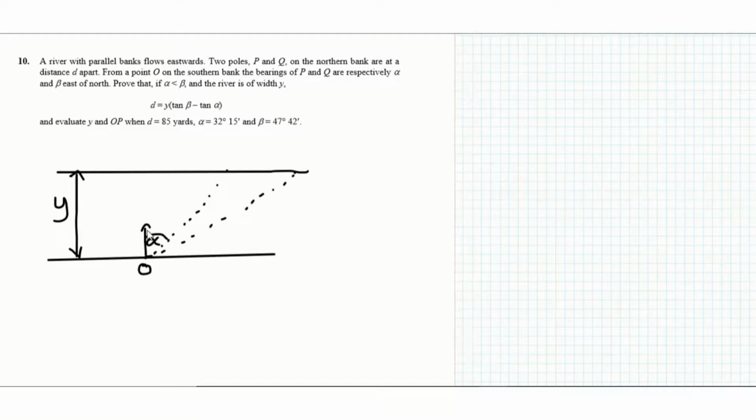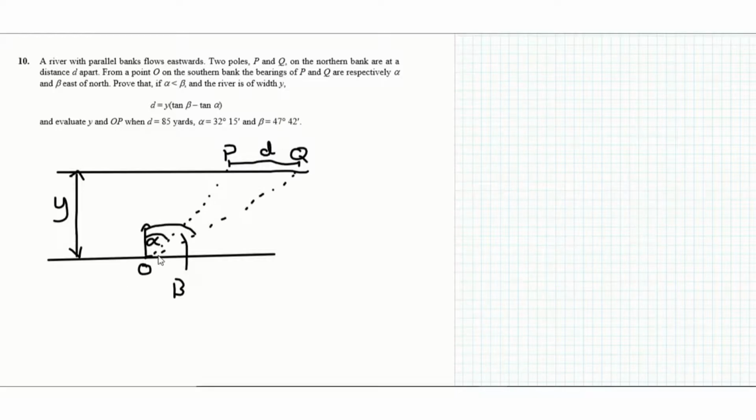And now we've got P and Q. That's part of the trouble with most of these problems, is just drawing a diagram, and after that the solution becomes fairly obvious, especially if you can draw diagrams any bit better than mine. But if we extend this north up, we've got a right angle with the bank.